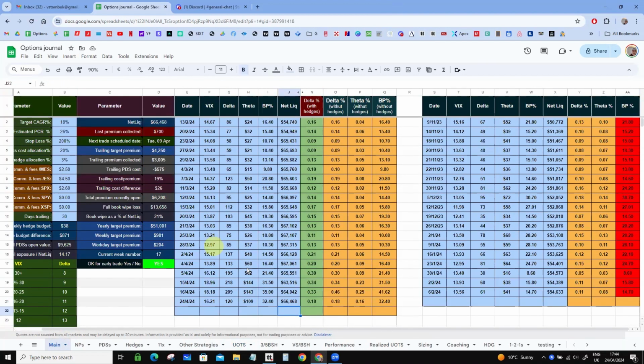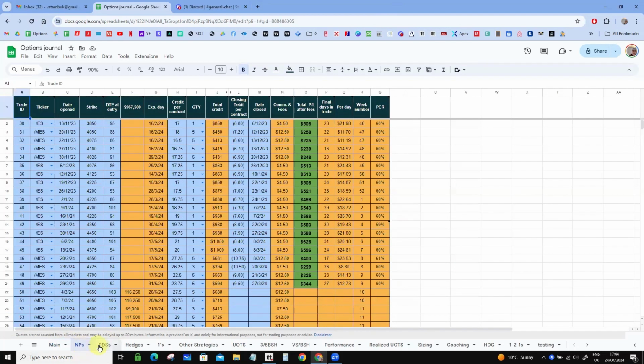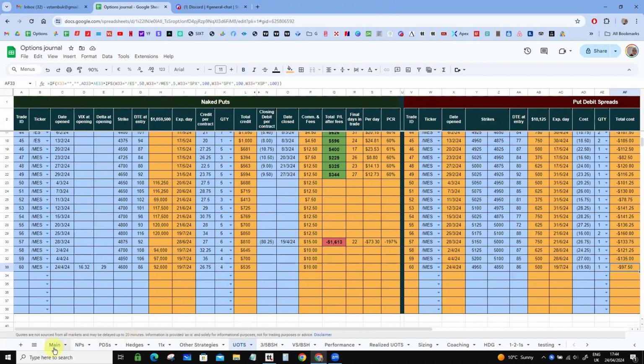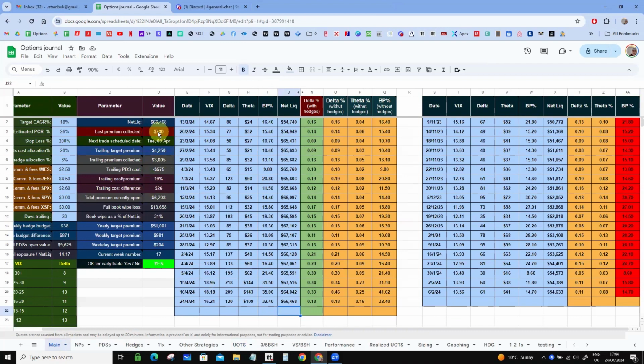Now this one, I have to work on, because this main tab of the trade sheet takes info from naked puts and PDSs, so it hasn't updated yet with my new trade, which is in this one. It'll look a little different, but that's beside the point. What you want to do is make sure your delta is in line with your risk tolerance, and the buying power is in line.